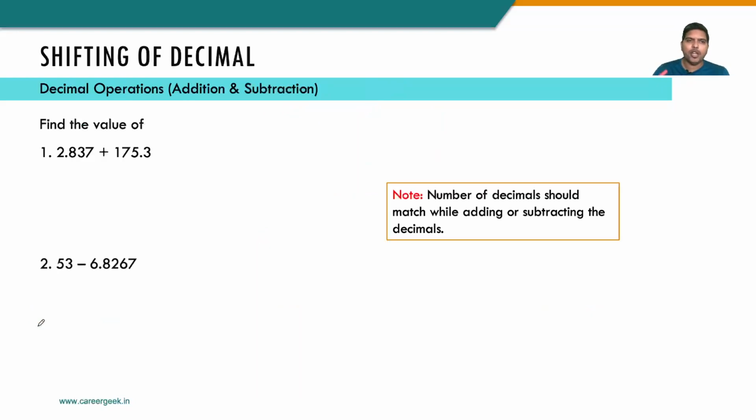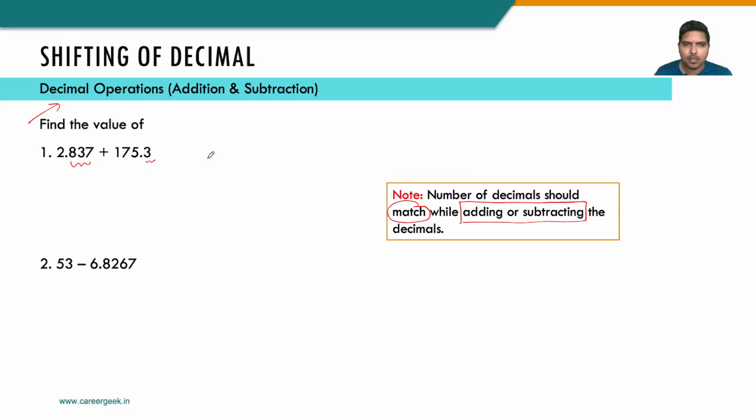Now we'll see a bit of decimal operations. How do we add or subtract the decimals, right? Okay, the most important thing is the number of decimals should match while adding or subtracting the decimals. Now what do you mean by match? I mean, when we try to add, there are 3 decimals here and there is 1 decimal here.